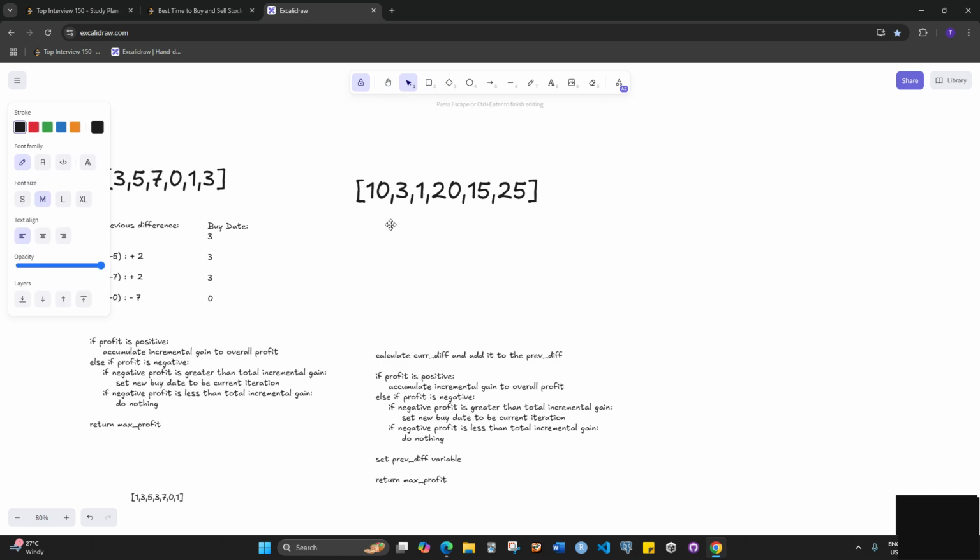So currently the difference, diff, prev diff, and then max profit, and then buy value.